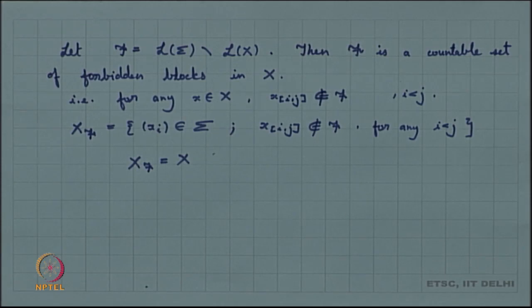Now we are more interested in this particular subshift. So let us try to look into some examples. So let us take our alphabet set A. I am looking into this example.